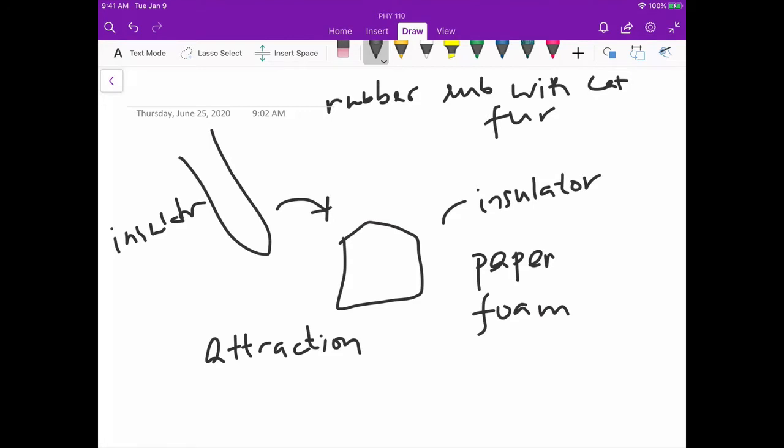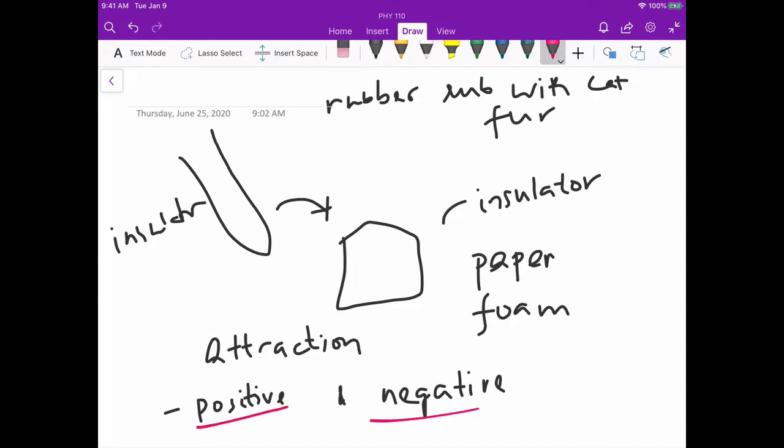According to Benjamin Franklin, when he conducted such an experiment a long time ago, what he eventually said is that in pretty much every material there are particles. We call them charged particles, and in general they are positive and negative. If you bring them close to each other, they attract each other like a magnet.